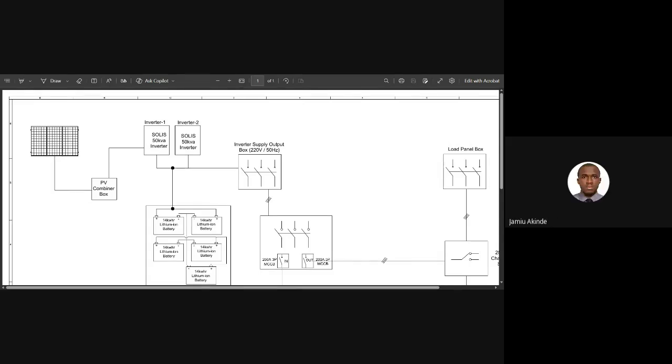Yes, sir. Now, it's like you have a storage system of 100 kVA, and I have a solar panel of 100 kVA. What do you think my inverter will be storing for me?